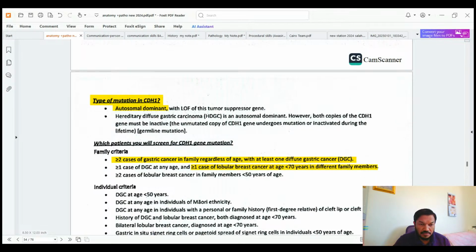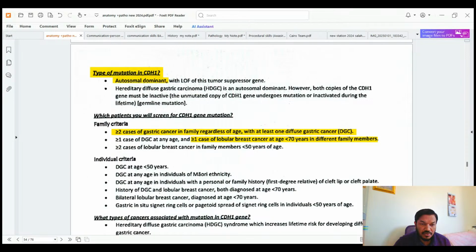Individual criteria: diffuse gastric cancer at age less than 50 years, diffuse gastric cancer at any age in individuals of every ethnicity, and diffuse gastric cancer in an individual with a personal or family history.